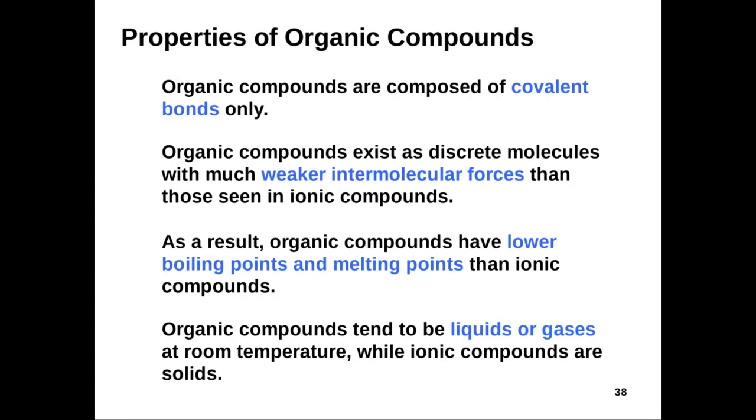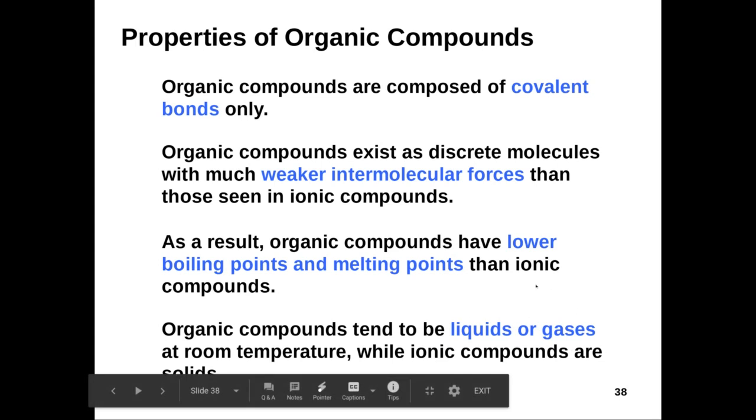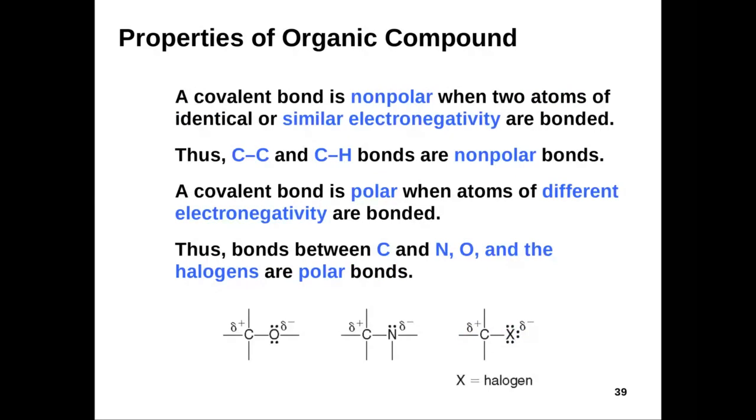As a result, organic compounds typically have lower boiling points and melting points than ionic compounds. Organic molecules tend to be, not always, but tend to be, liquids or gases at room temperature. Remember, room temperature is 75 degrees Fahrenheit or 25 degrees C. And ionic compounds are typically solids at room temperature. So those are just some basic properties of organic molecules.